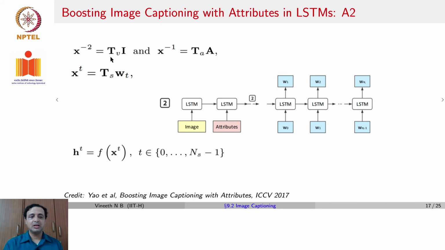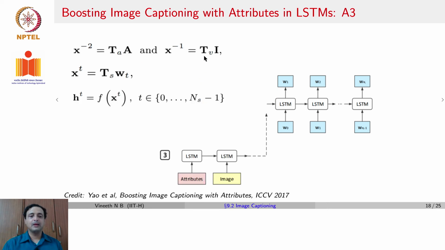Once again, TV and TA are transformations which are given by learned weights. So you could imagine that TV would be a set of weights here, and TA would be a set of weights here, which are learned when you backpropagate from the output. Those are other weights that you learn. So this was a variant known as A2.